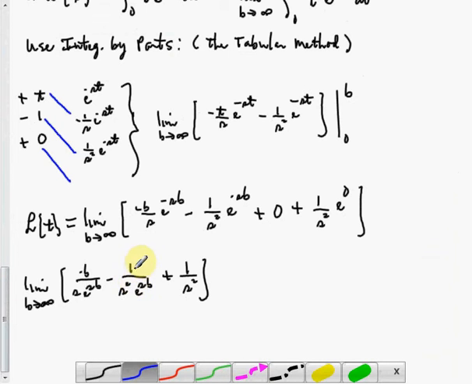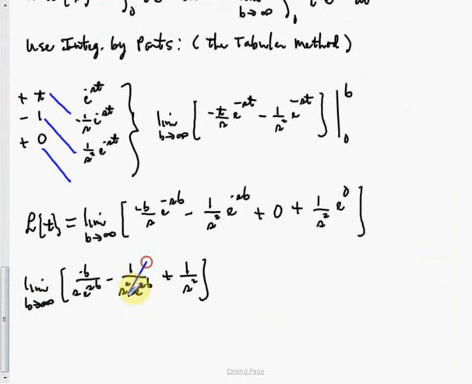So here, this is 1 over s squared, and down here is e to the sb. So what happens to that as b goes to infinity? That goes to 0. Right? What about the limit of 1 over s squared? That stays, because this is a constant. The limit of a constant is a constant. So this guy is just 1 over s squared.